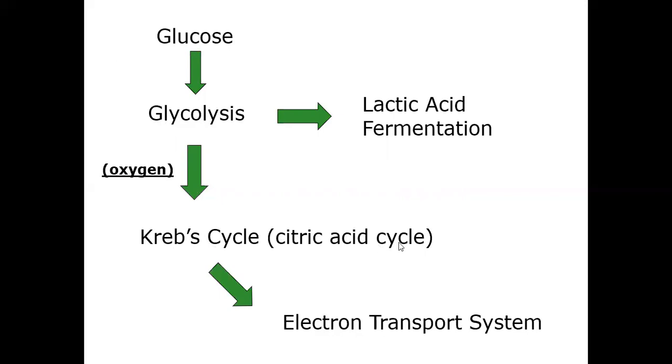Once you complete this process, the cell can continue energy production in something known as the electron transport system. Notice up here that after glycolysis, if oxygen is not present, then you can go into a type of fermentation system called lactic acid fermentation. We'll briefly talk about this. If you take microbiology, you'll talk about this more.